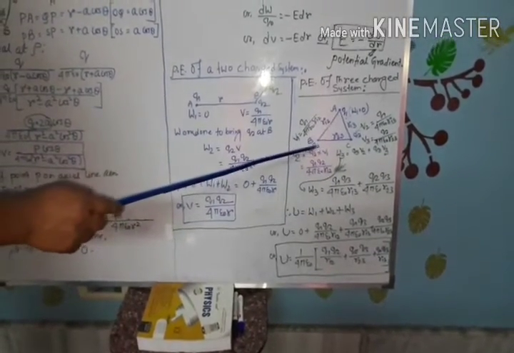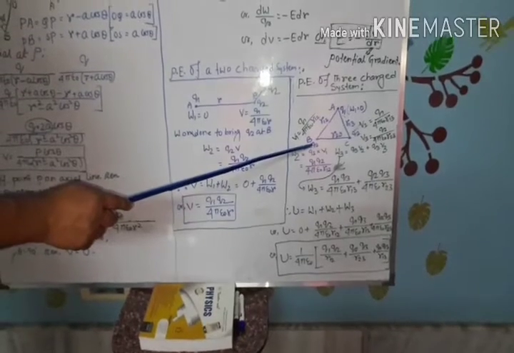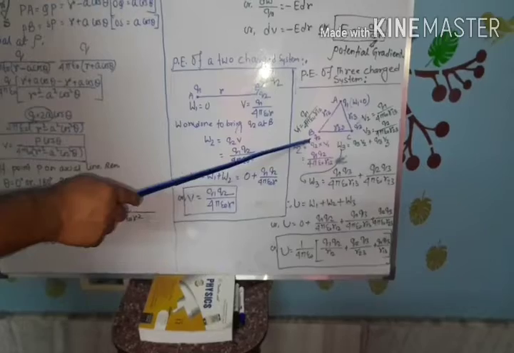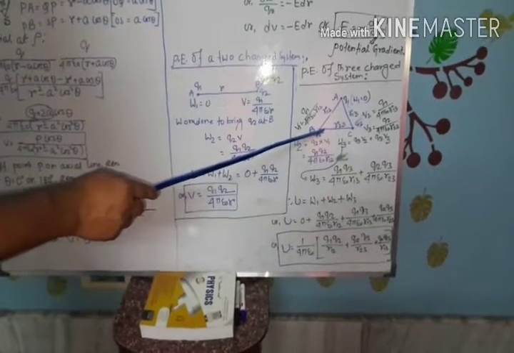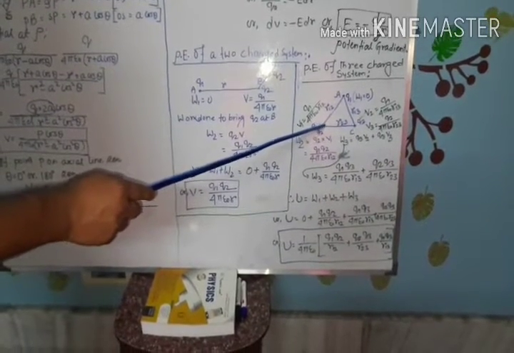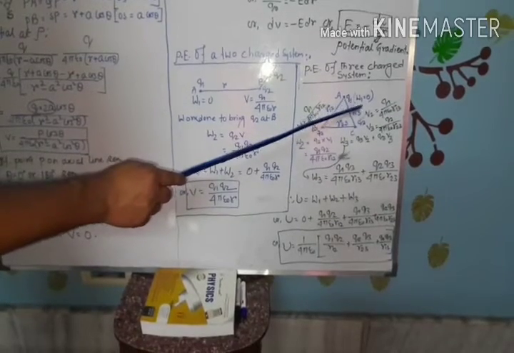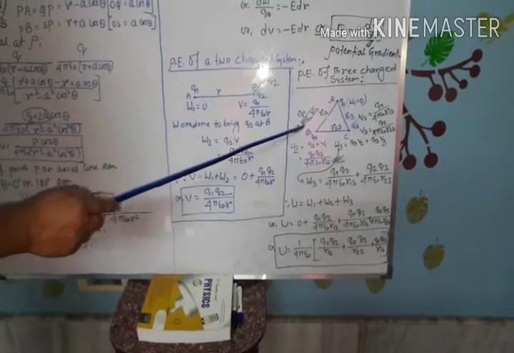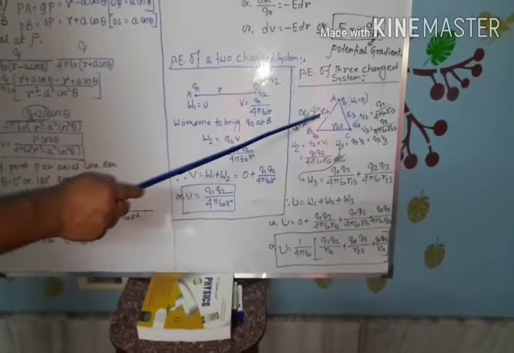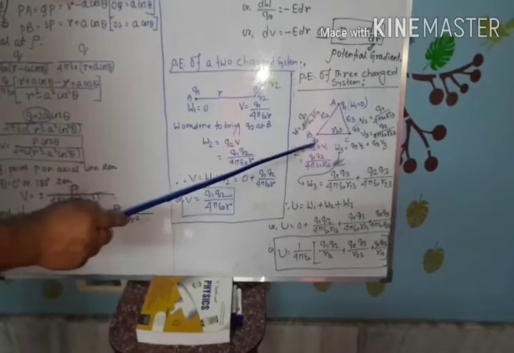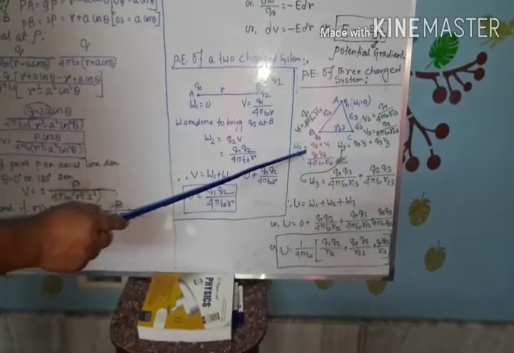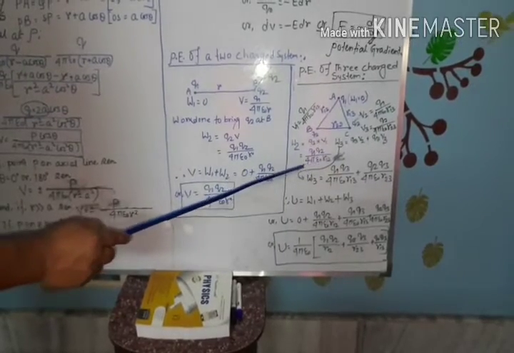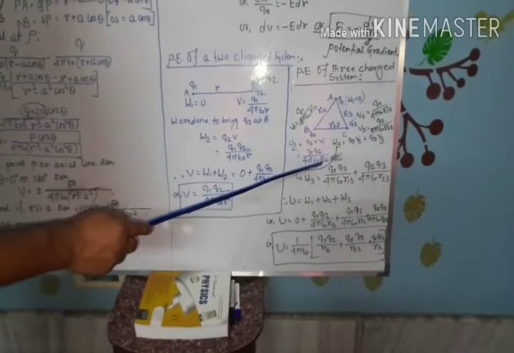But whenever we bring the charge Q2, there will be some amount of work done. Why? Because Q2 is situated in the potential created by the charge Q1. So due to Q1, what is the potential here? Q1 by 4 pi epsilon naught R12. Therefore, the work done to bring the charge Q2, from the definition charge times potential, is Q1 Q2 by 4 pi epsilon naught R12.